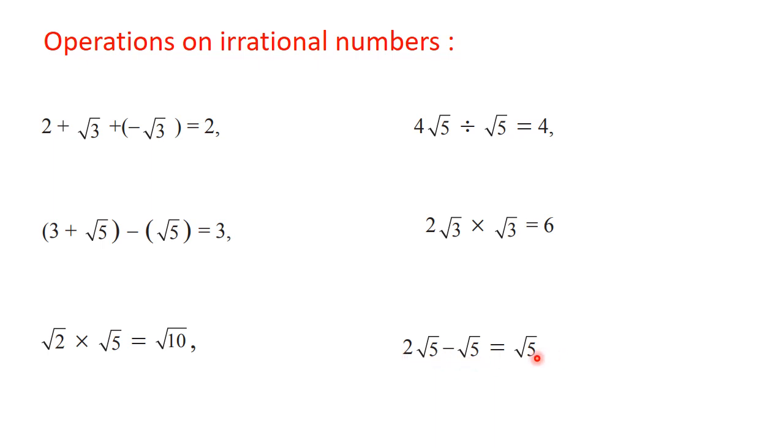Here this is irrational and the answer also is irrational. So these are two different examples. When we perform operations on irrational numbers, the answer may be rational or may be irrational. So these points you need to remember. Let us see those points.